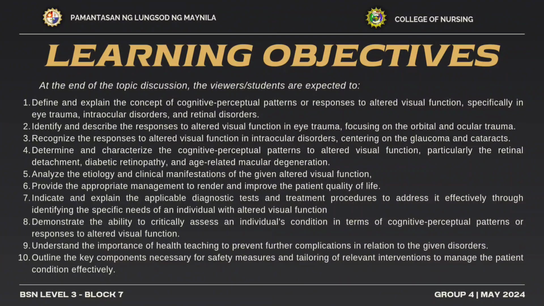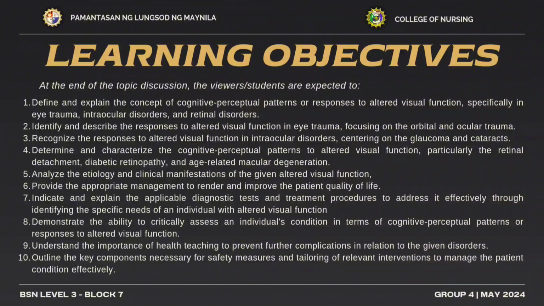Next is to recognize the responses to altered visual function in intraocular disorders, centering on glaucoma and cataracts. Next is to determine and characterize the cognitive perceptual patterns to altered visual function, particularly retinal detachment, diabetic retinopathy, and age-related macular degeneration.